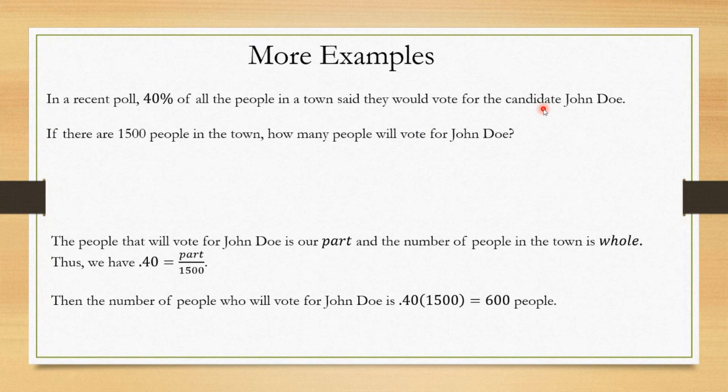Okay. What does that really mean? Well, how do we interpret that? Well, if there are 1,500 people in the town, right? Then how many people are going to vote for John Doe? Well, 40% of 1,500 people will vote for John Doe.